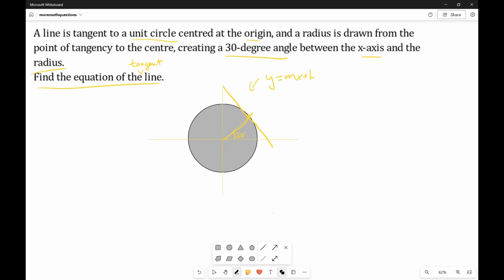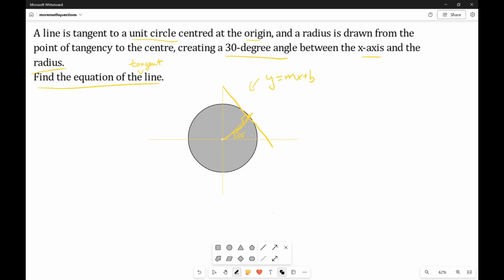The way that we can do this is by knowing that the point of tangency means that the radius and the tangent line are perpendicular to each other at the point of tangency.